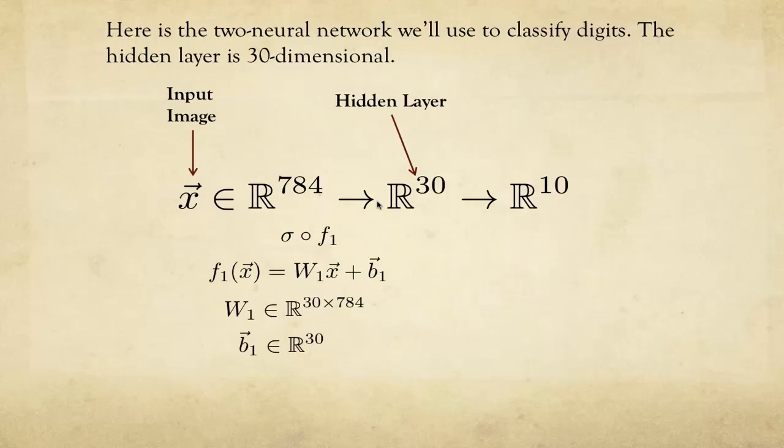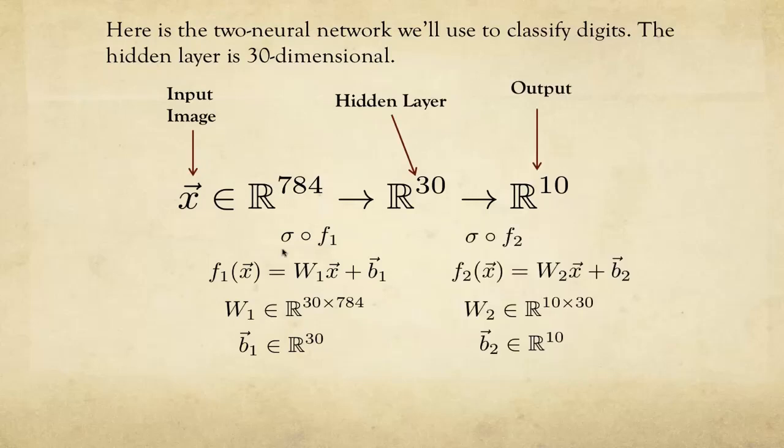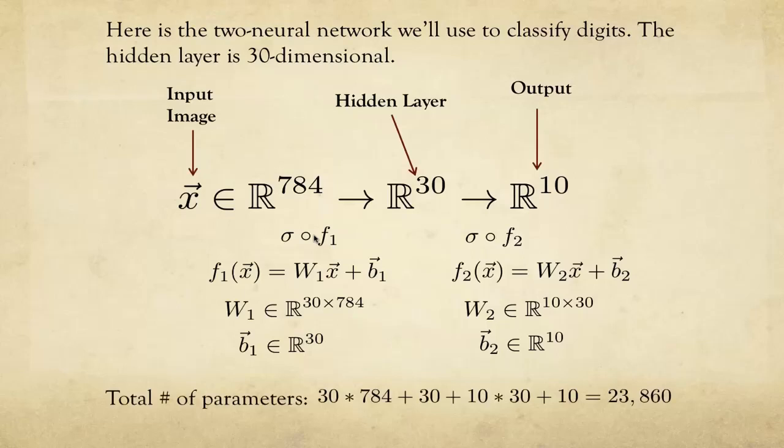So we saw earlier that we have these compositions of affine and sigmoid. By the way, this is the architecture that we'll be using. Notice in this architecture we have a lot of parameters. We have W1, which is a very big matrix. B1 is a big vector. W2 is another matrix that's very big. B2 is another vector.